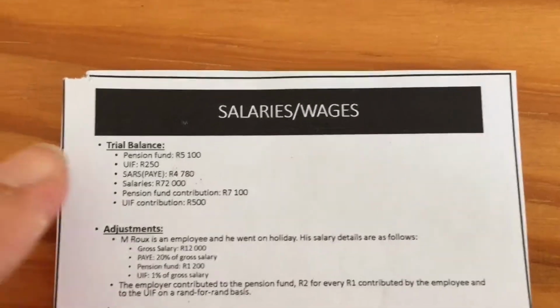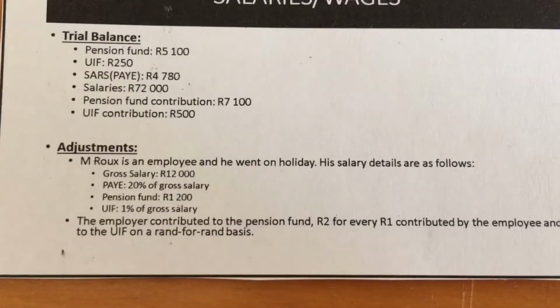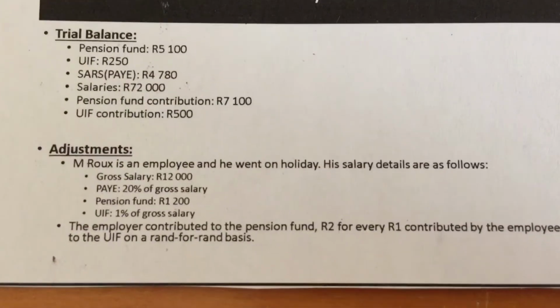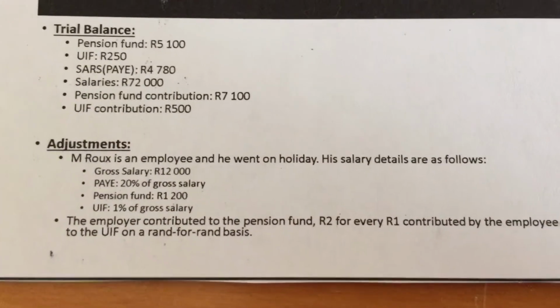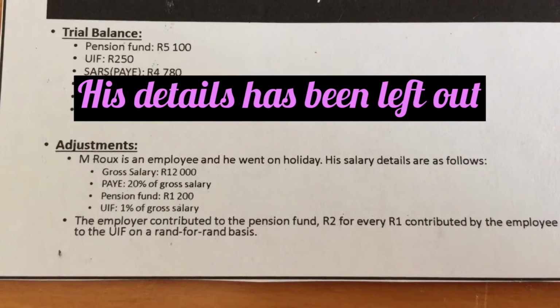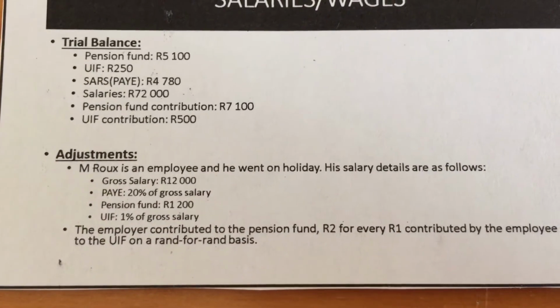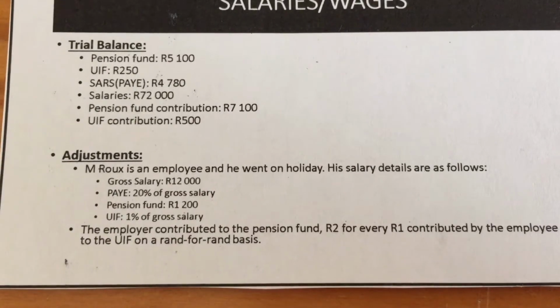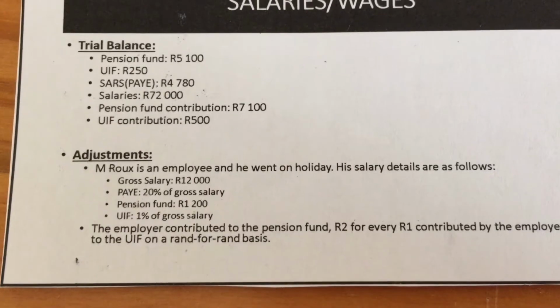So you will see that we've got all our balances in our trial balance, and then it says there that M. Roo is an employee. He went on holiday and they give you his salary details, and his details were left out of our books. So he's got a gross salary there of 12,000, pay as you earn, pension fund, and UIF.